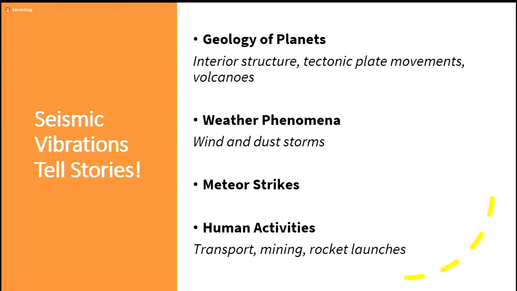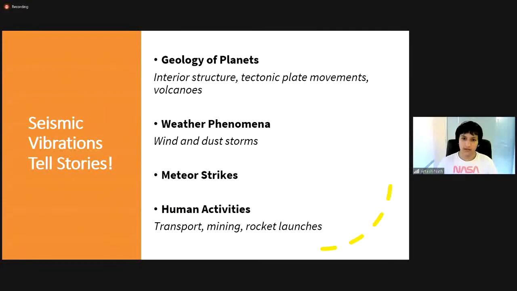Let's get started. First of all, how are seismic vibrations useful? Well, measuring seismic vibrations has many uses. First, it can help us understand more about the geology of a planet, such as the interior structure of the planet, the tectonic movements, or volcanoes.